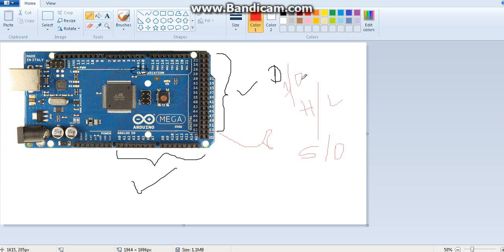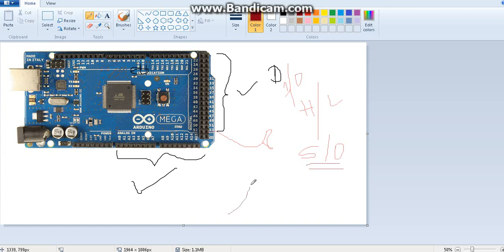Because these are the two values we have for digital signals. So keeping it in mind, our digital input signal can be either of these values: 1 or 0, high or low, 5 voltage or 0 voltage.